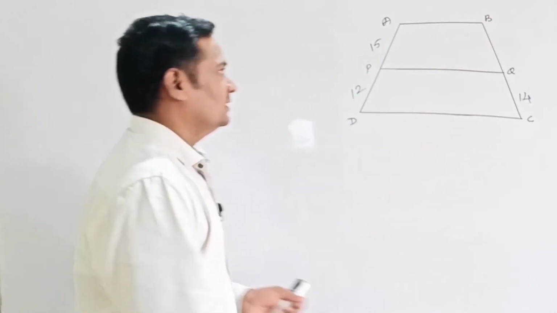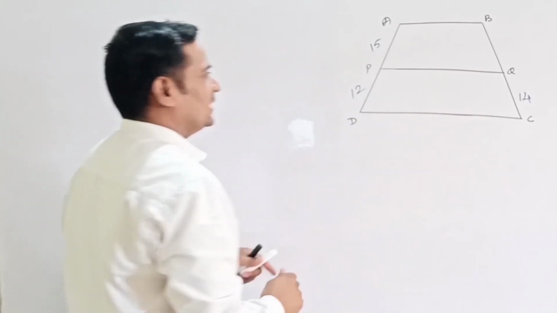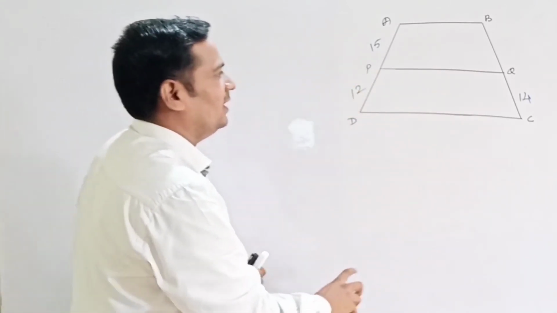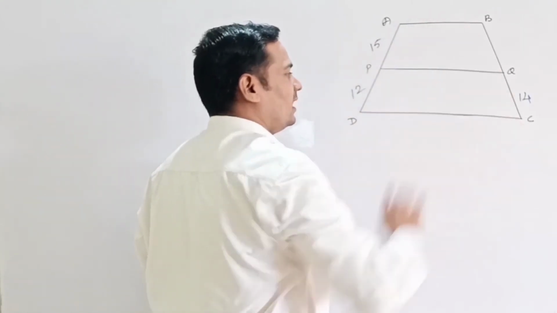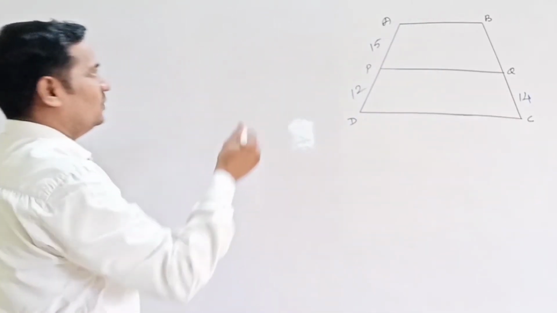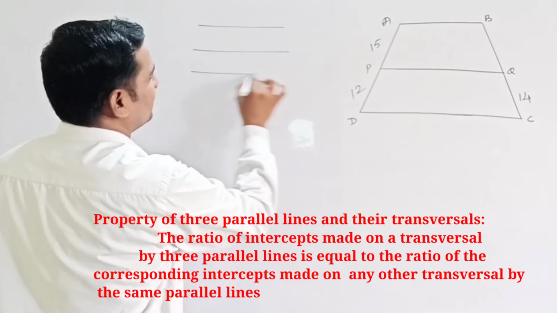As we know AB parallel PQ parallel DC, that means three lines are parallel, and suppose AD and BC are the transversals, then we know the property of three parallel lines and their transversal.